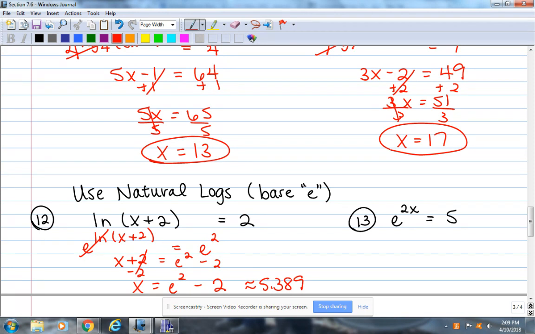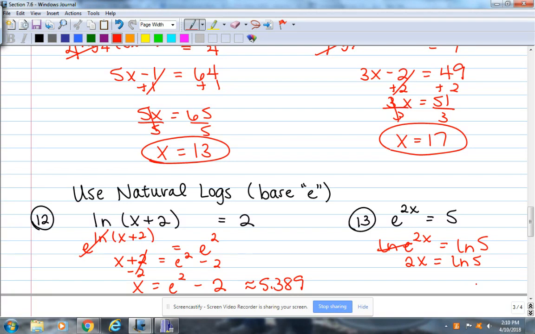You exponentiate both sides with an e. Well, what if they give you an e on one side of the equation? What's the opposite of an e? Taking a natural log. Very good. So that means you ln both sides, right? And ln e right there cancels each other out. So that's just 2x equals the natural log of 5.